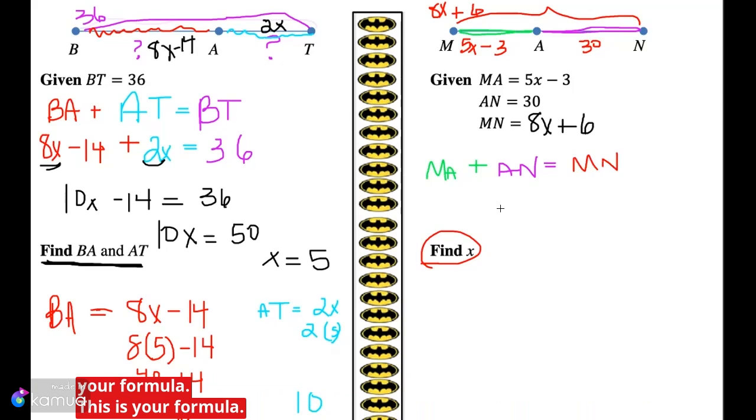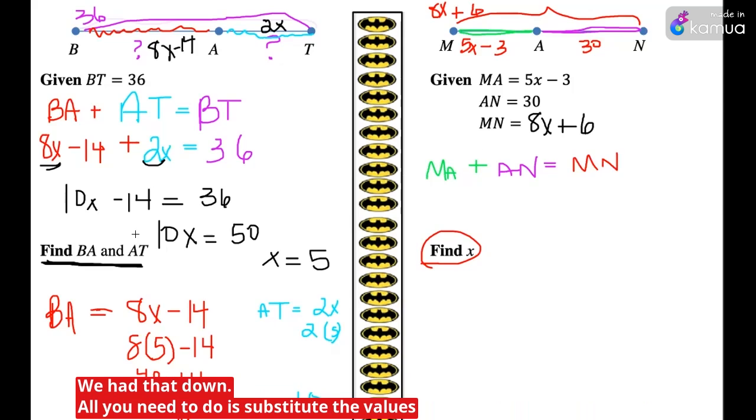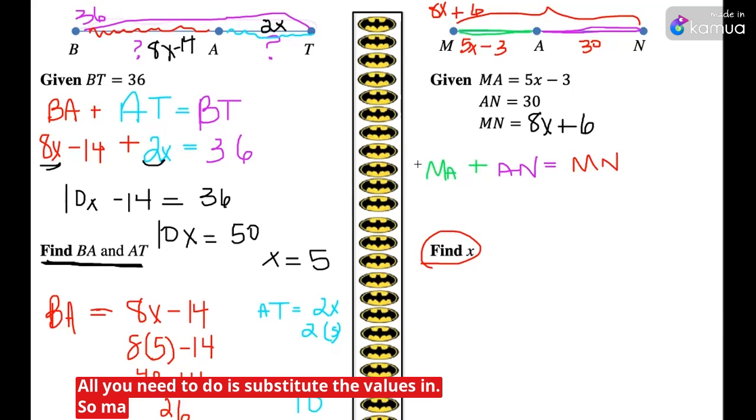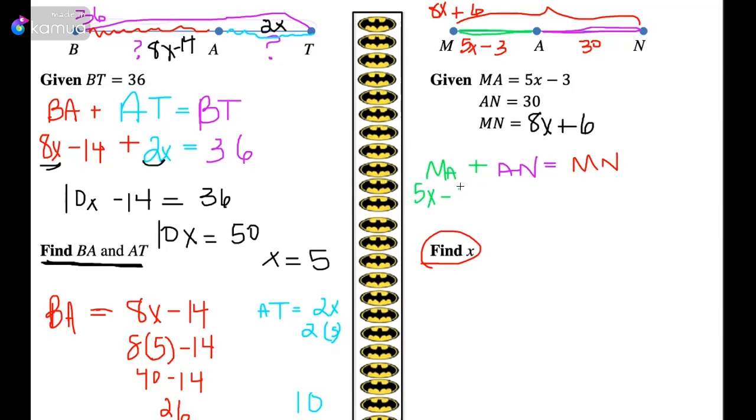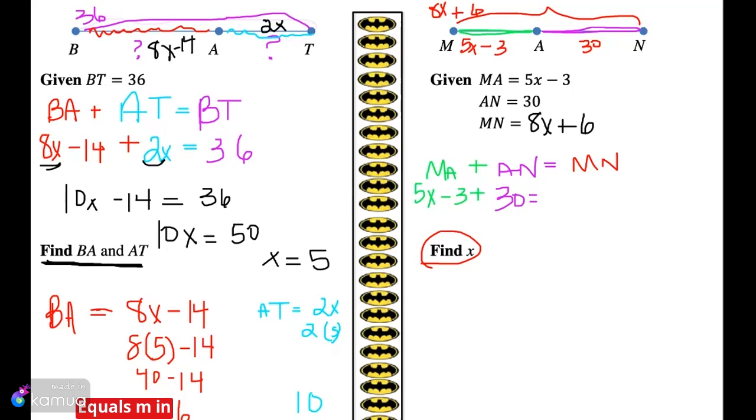This is your formula. And when you have that down, all you need to do is substitute the values in. So MA is 5x minus 3 plus AN, which we know is 30, equals MN, which is 8x plus 6.